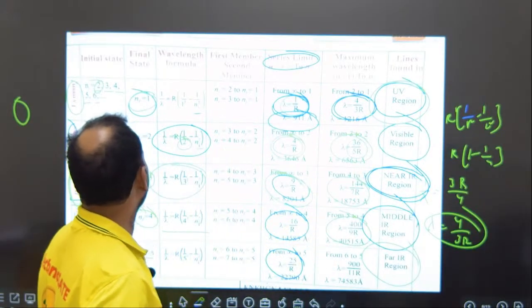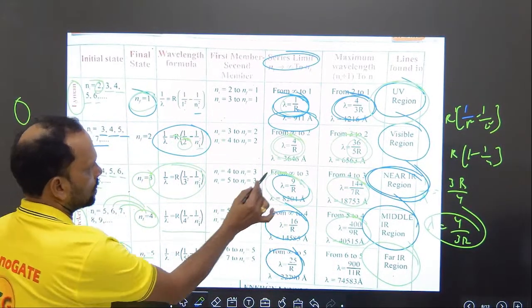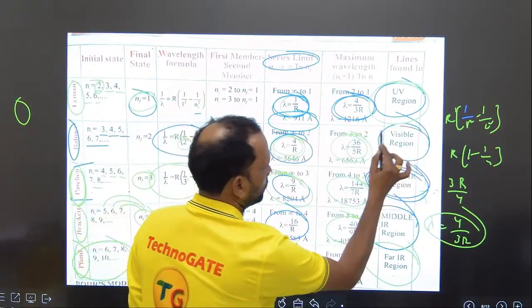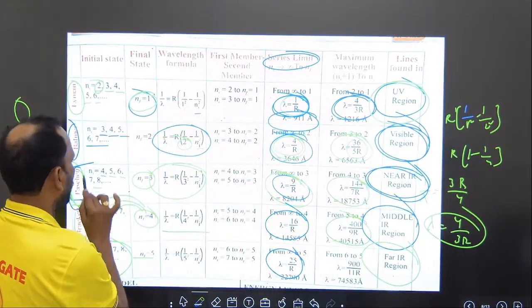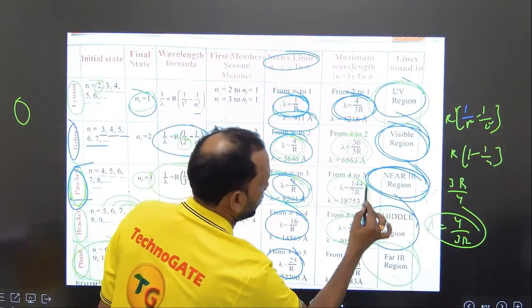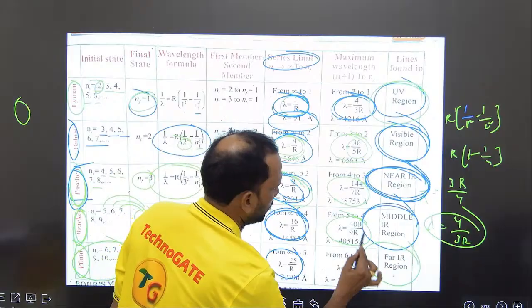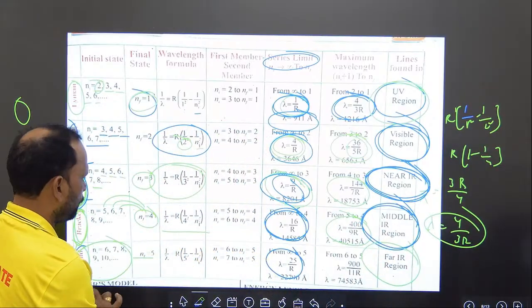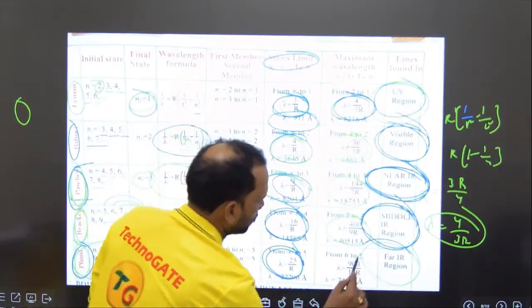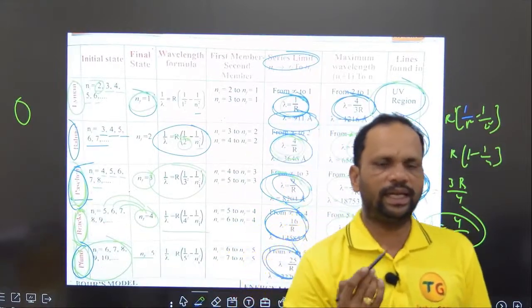Balmer series, same thing. We will get 4 by R, and the visible region. Paschen 9 by R, near infrared region. Brackett 16 by R, middle infrared region. Pfund 25 by R, far infrared region. They can ask anything, any ratio.